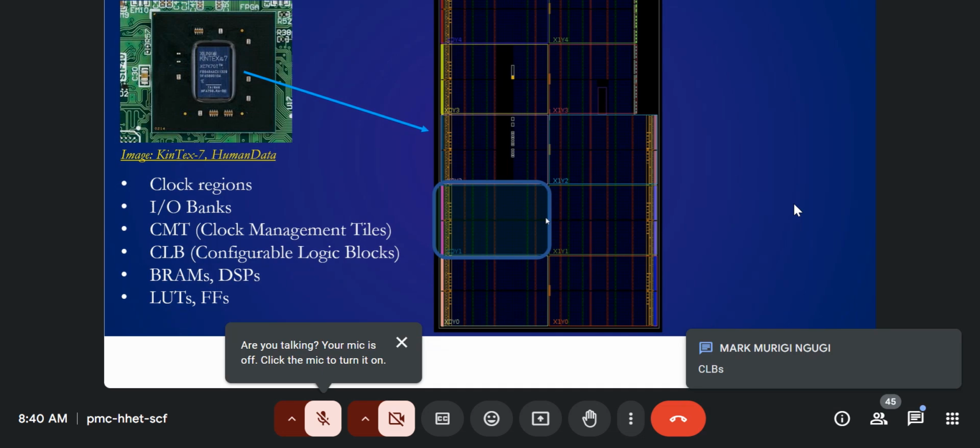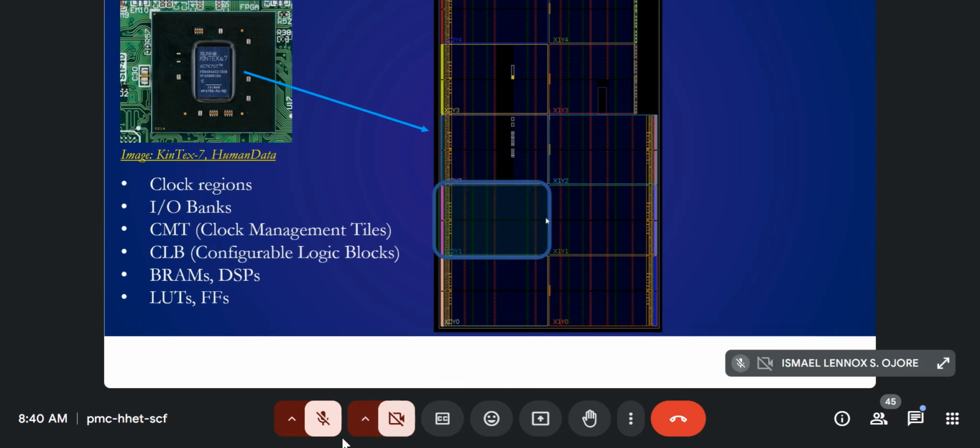Please, anyone? Even if you are to guess, there are only 6 options here, so you have like 15% chance of being correct. I will say the CLB.